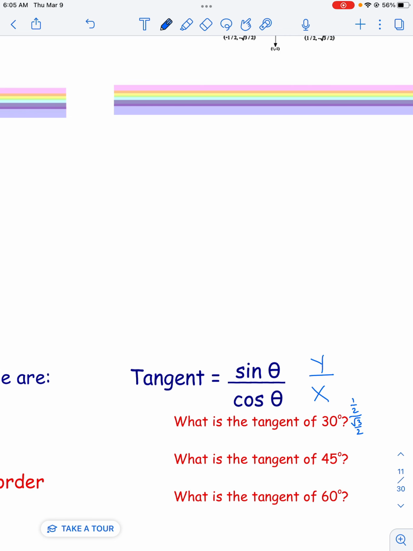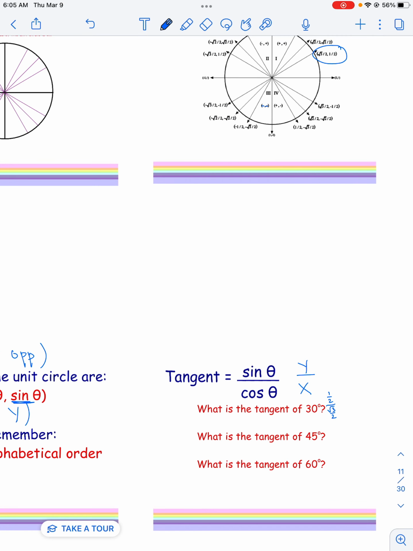That ends up as, if I keep change flip, 1/2 times 2 over the square root of 3. The 2's will cancel, and I'm left with 1 over the square root of 3. I just have to rationalize that by multiplying the top and the bottom both by the square root of 3 over square root of 3, and I end up with an answer of square root of 3 over 3.